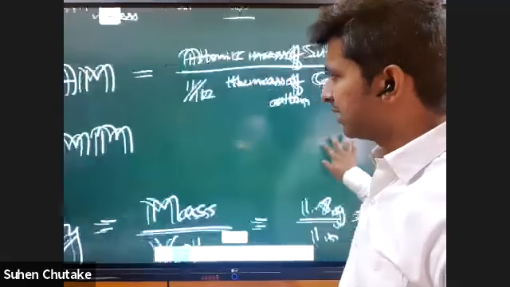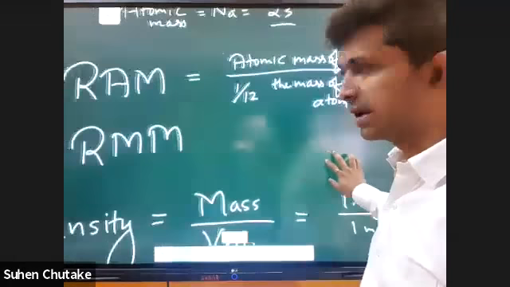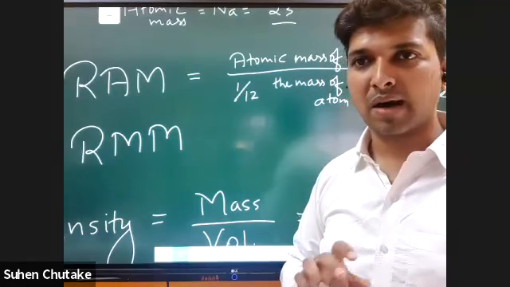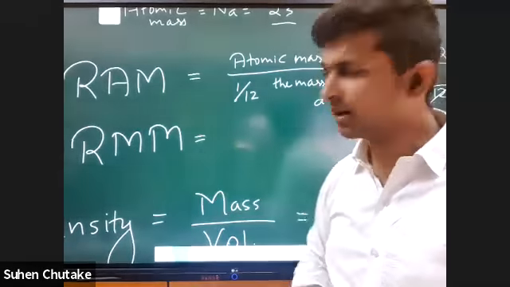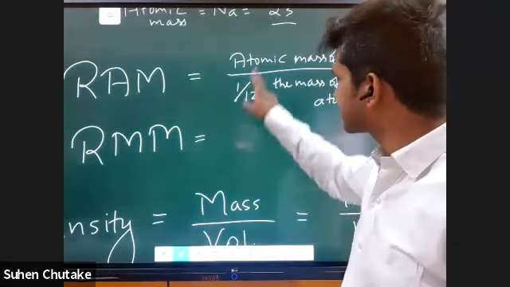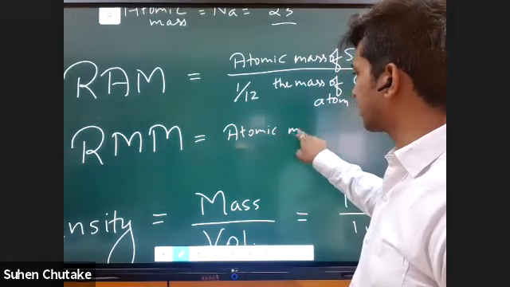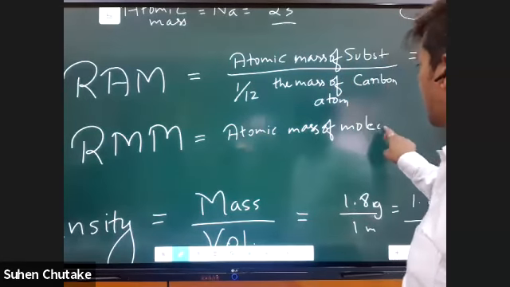So similarly, we are having RMM. What is RMM? RMM is relative molar mass. What is relative molar mass? Same thing. Relative molar mass is atomic mass of molecule. Not substance this time.